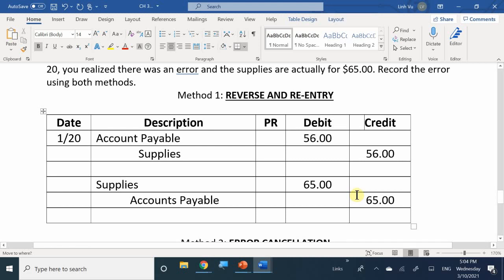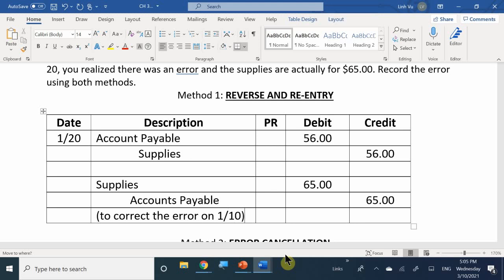Okay, so then we would need to. Would we put the date on that second supplies one too, or just no? You can. So remember, when we practice the description, in this case, I would say to correct the error on January 10. That would be my description here. But again, like I said, I'm not going to teach you the description fully yet.